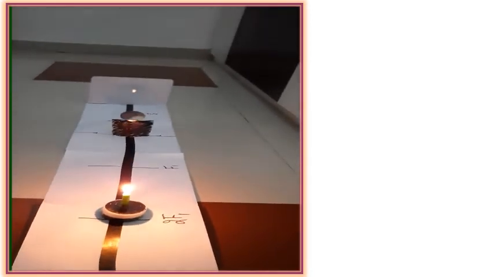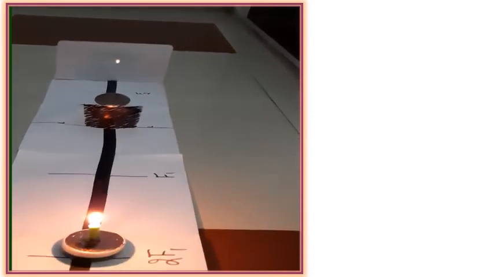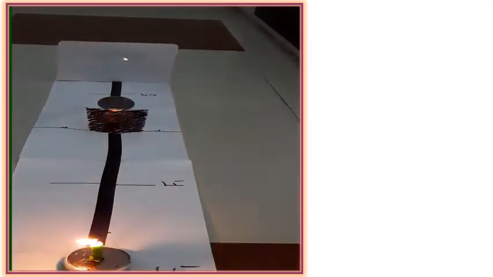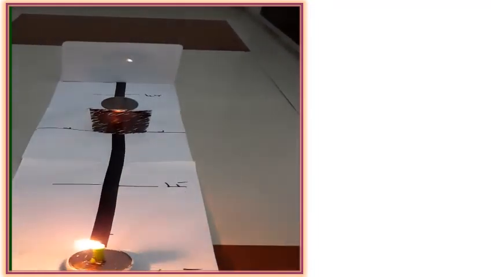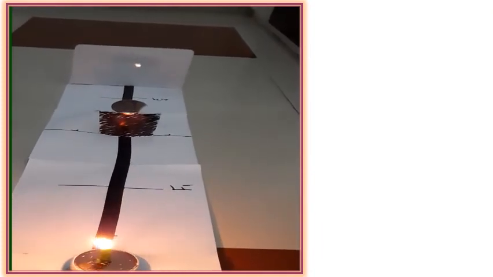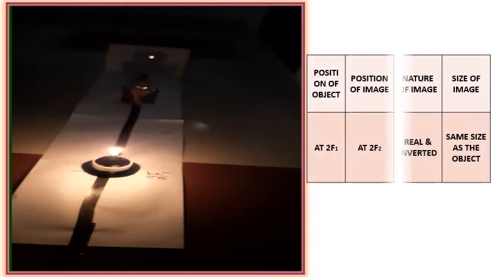So we observe that when the object is kept at 2F1, its real inverted image of the same size is formed at 2F2, that is on the other side of the lens. And when we see it in the dark, it is something like this, a better view.